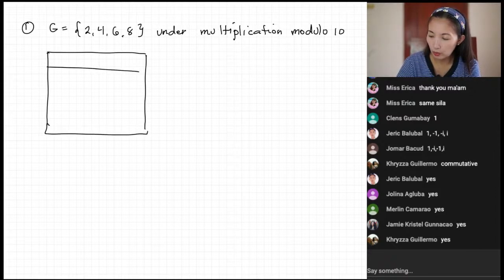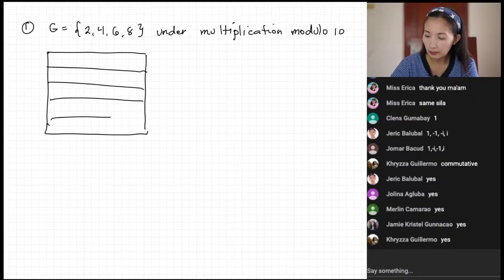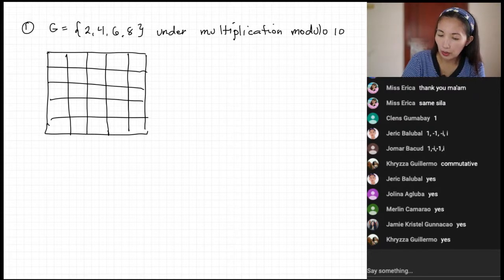All you have to do is to inspect and look for the identity and the inverse, because that is what the question is asking for. In your examination, it asks for the identity element. The operation is multiplication modulo 10 on 2, 4, 6, 8.